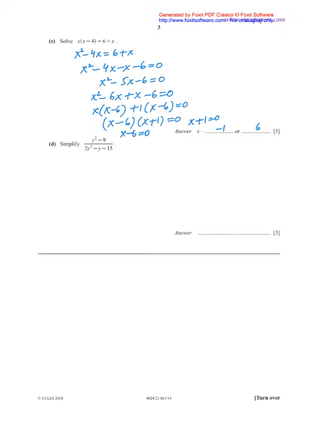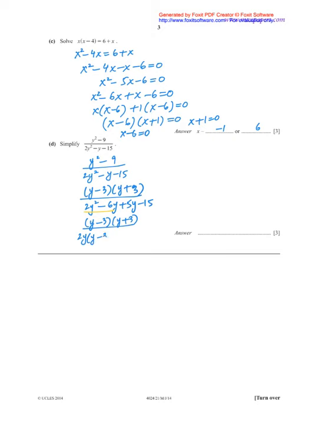In part D it says (y square minus 9) divided by (2y square minus y minus 15). In the numerator, that is the identity of a minus b and a plus b. In the denominator we need to apply the middle term split, so that will be 2y square minus 6y plus 5y minus 15. The numerator will be the same, y minus 3 and y plus 3. In the denominator, first we take common from the first two terms, that will be 2y, and inside the bracket it's y minus 3.